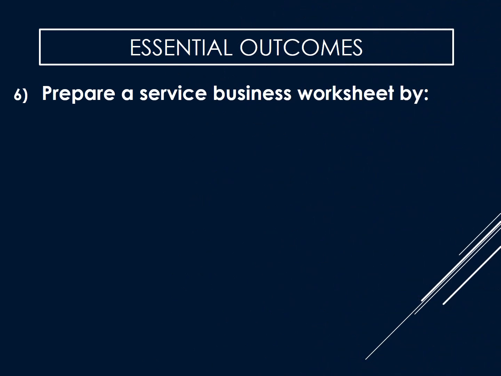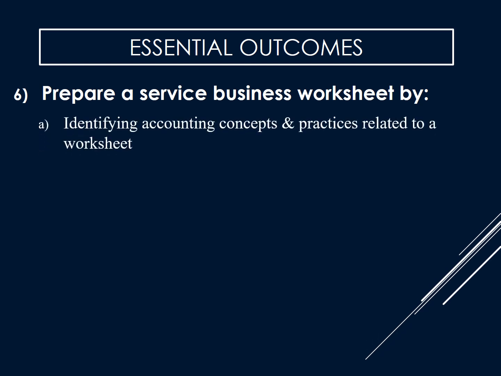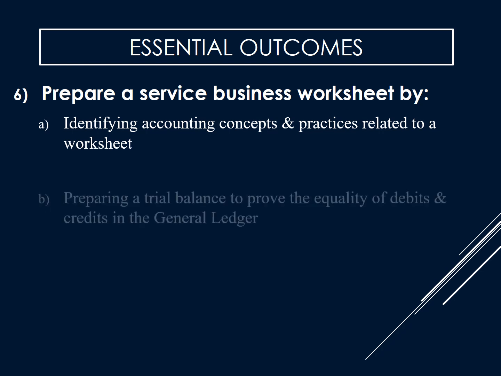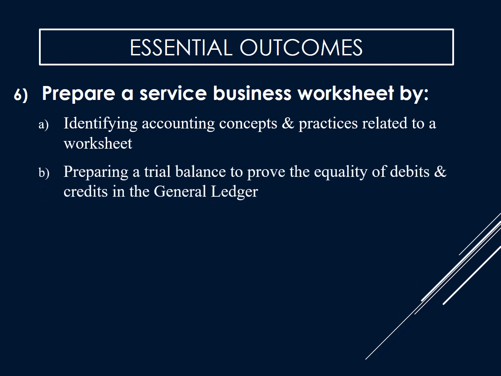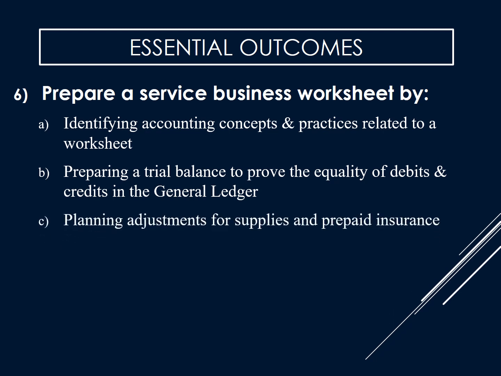Chapter 6, Essential Outcomes. By the end of the chapter, you should be able to prepare a worksheet for a service business by identifying accounting concepts and practices related to the preparation of a worksheet. Be able to prepare a heading and a trial balance for the worksheet.